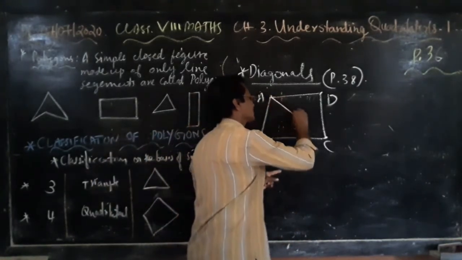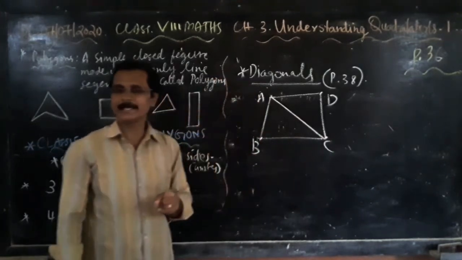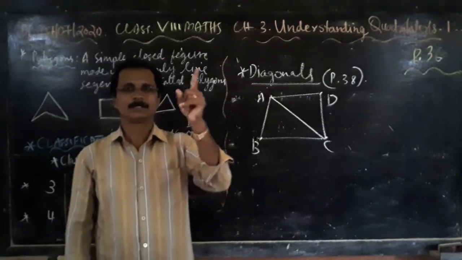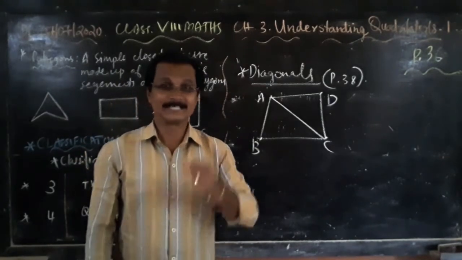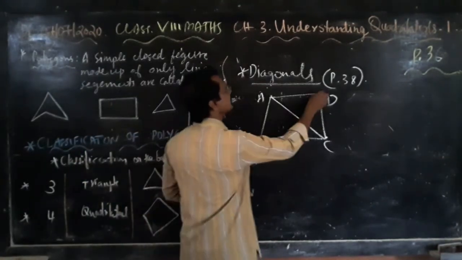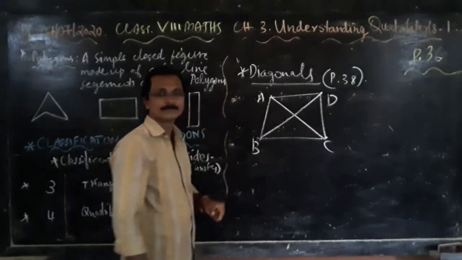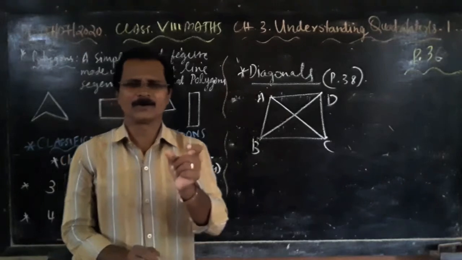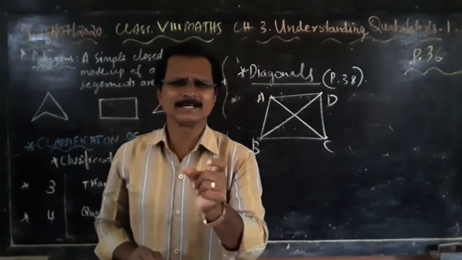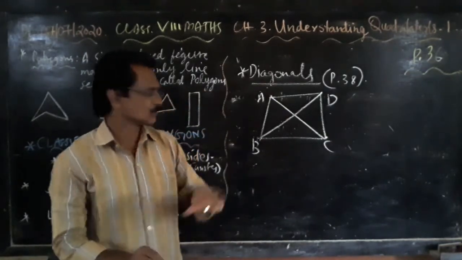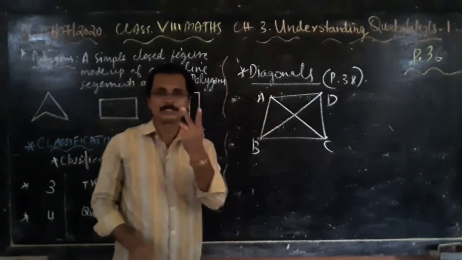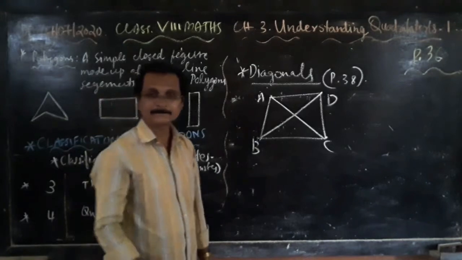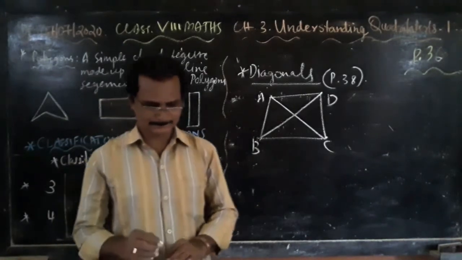So joining A and C, that is a diagonal. And B and D, that is non-consecutive. Joining the line segment, joining non-consecutive vertices, that is diagonals. So you can see quadrilateral ABCD, 2 diagonals are there.